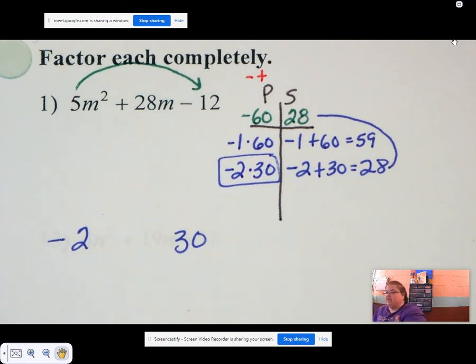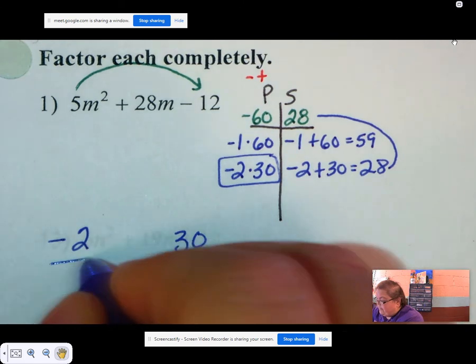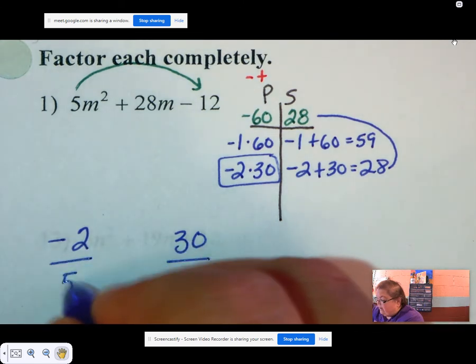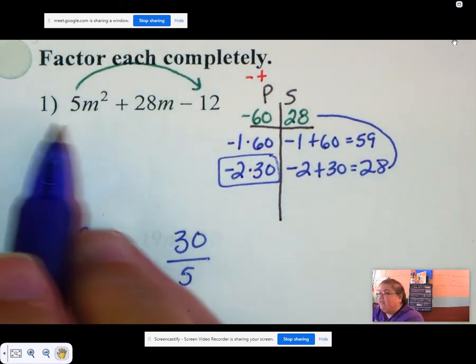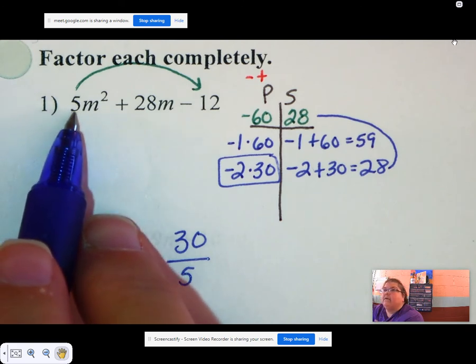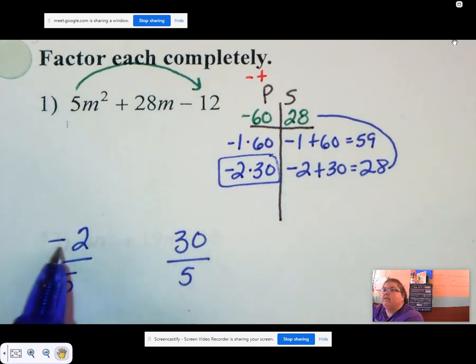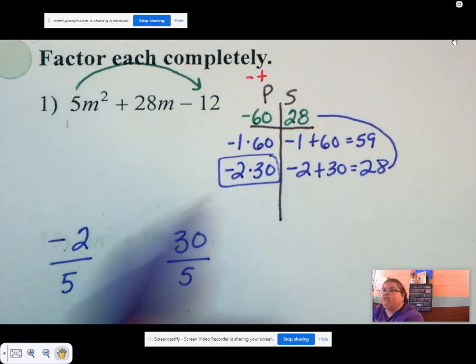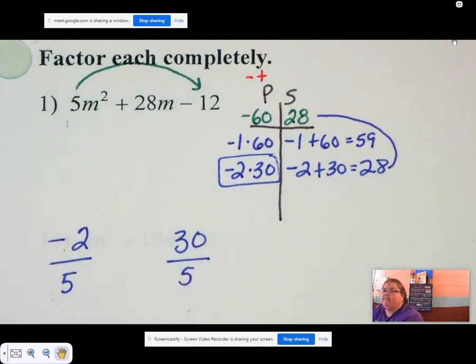What is the denominator? The 5. The A. The constants, my factors over A. Factors over A.